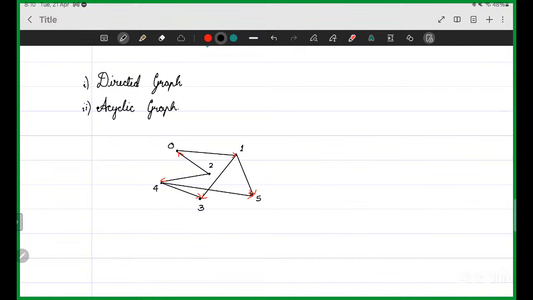So here there are 6 vertices. First of all, what is a cycle? If A goes to B, B goes to C, and C also goes to A, then that is a path which starts and ends at the same vertex.